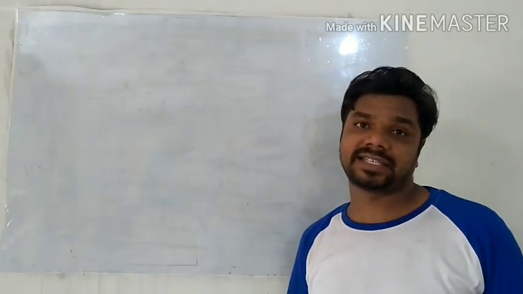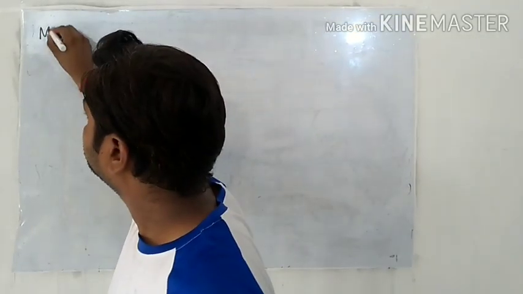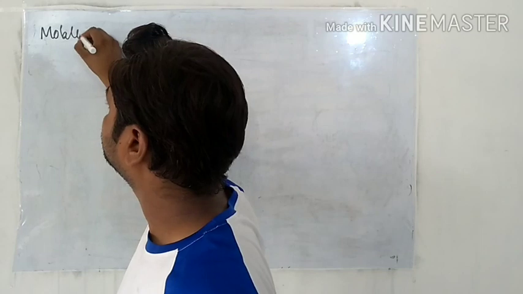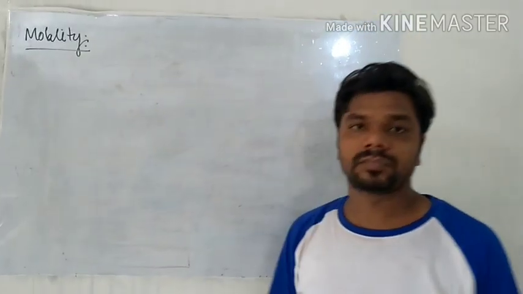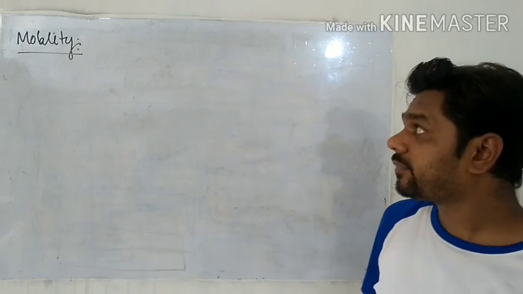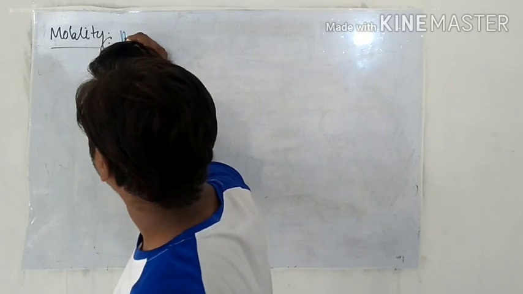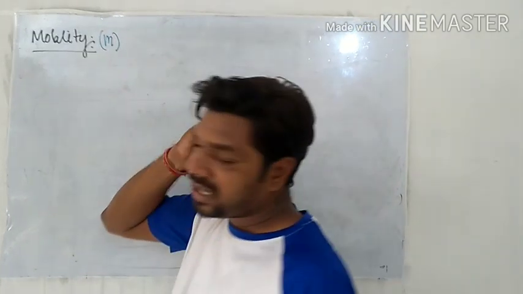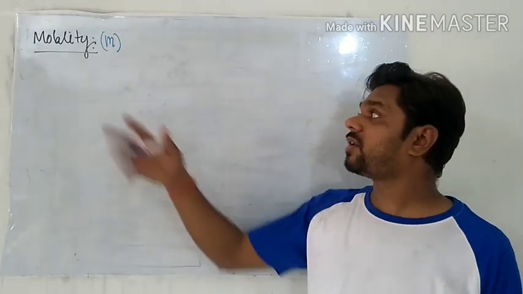Now we shall discuss the term molality, that is denoted by small letter m. Molarity was denoted by capital M, molality is denoted by small m.